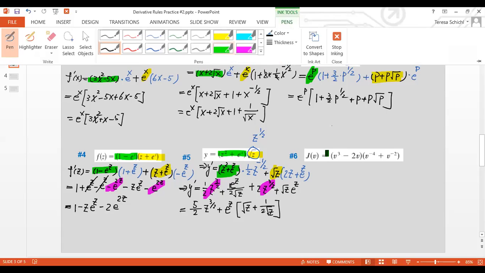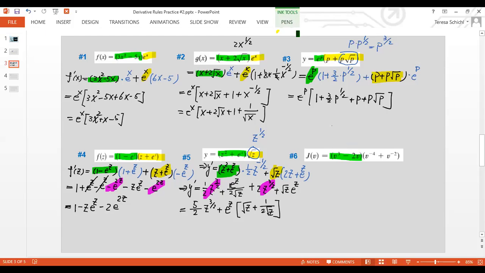So let's do the same thing. Highlight the first function and highlight the second function here. All right, so let's try to do it. So what is the first one here? So J prime of v will be holding the first one, so it's v^3 minus 2v, and then take the derivative of the second one.